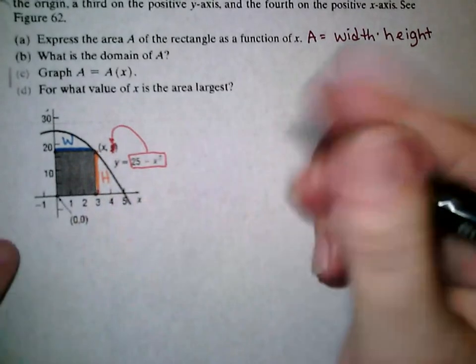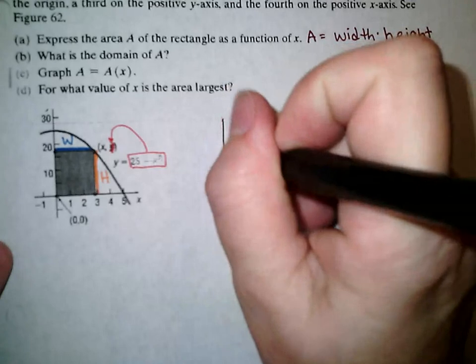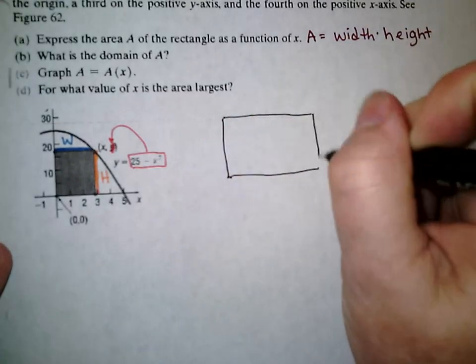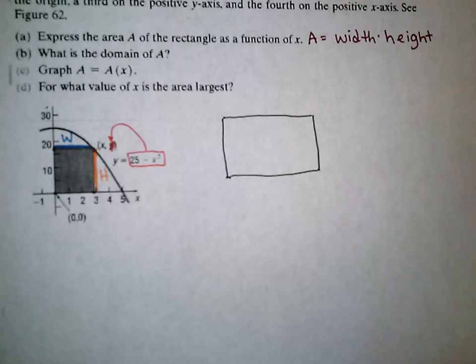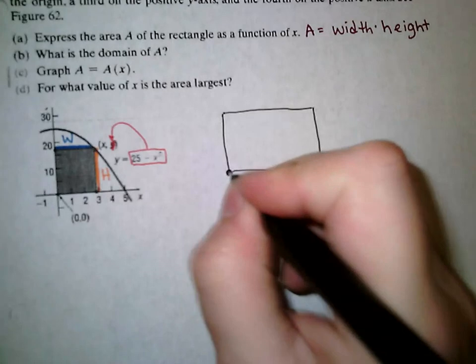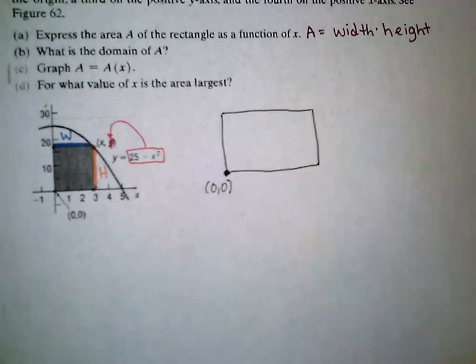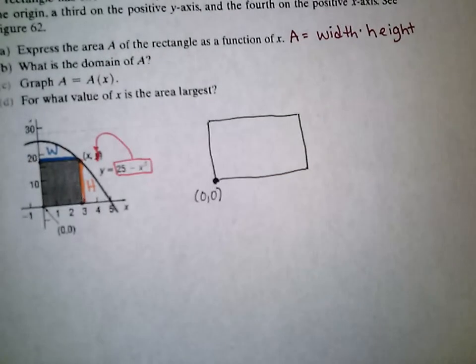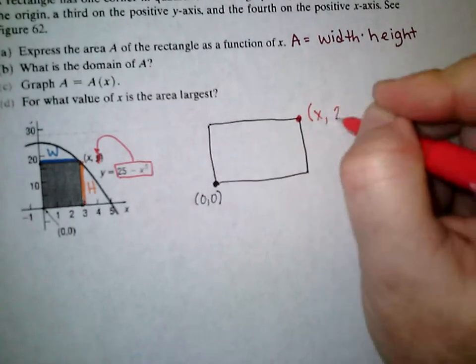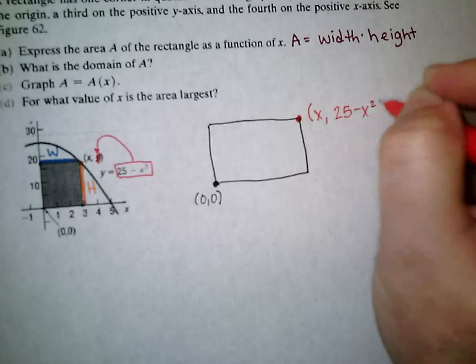So at any given moment, our rectangle is going to have an ordered pair at this guy here will be 0, 0. And then this up here is x, comma, 25 minus x squared.